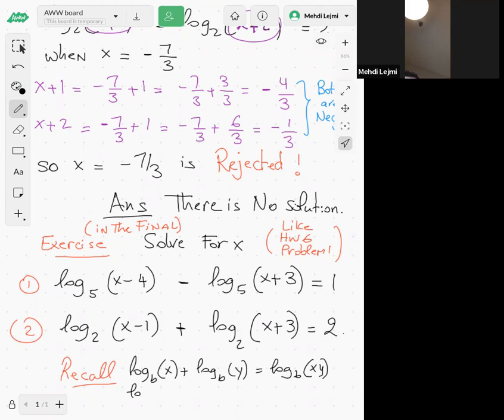And if you have a difference, that will be log base b of x over y.